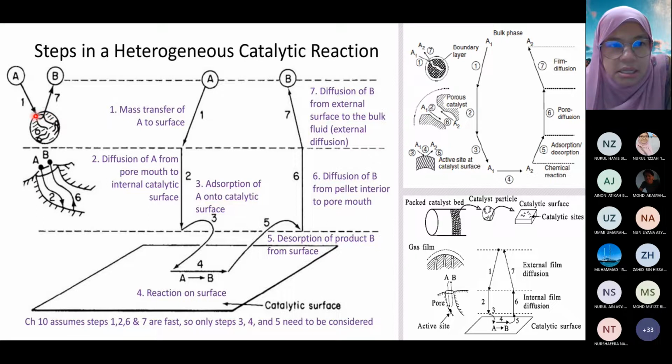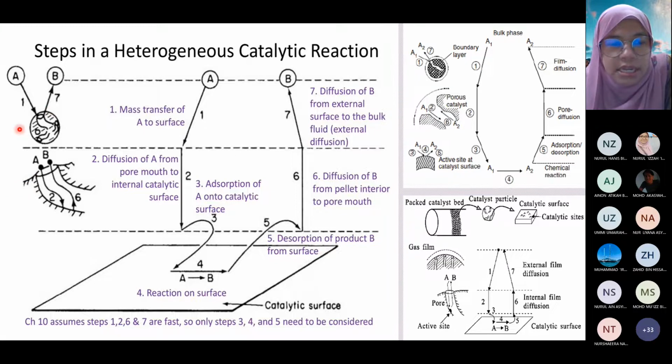And then if we zoom this porous catalyst, this is how it looks like. Again, A is your reactant, B product. So this is the pore mouth. Okay, yang ni, yang stripe ni, this is the external surface of catalyst.